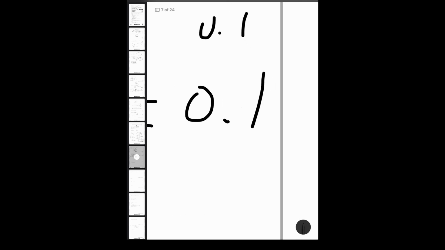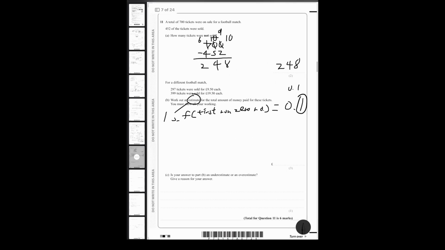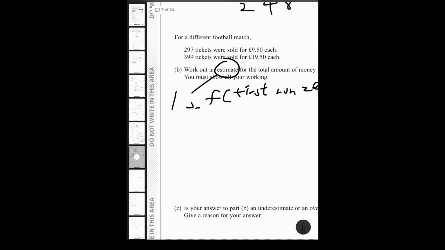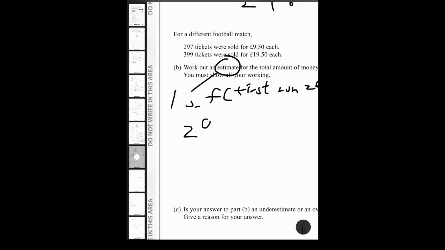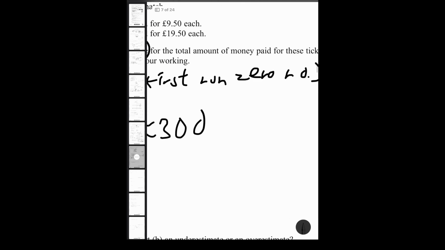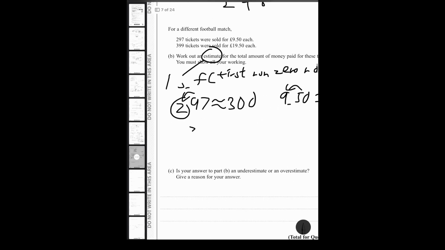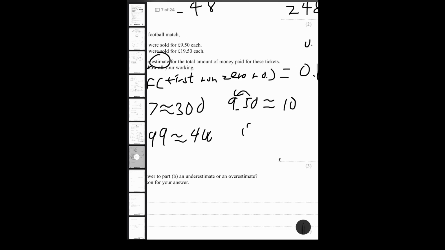Because it's a non-zero number, so it's not even an exception actually. So the first non-zero number you look at. 297, the 9 goes into this, 300. For 9.50, it goes to 10. For 399, 400, right? Same thing for 19.50, 20.